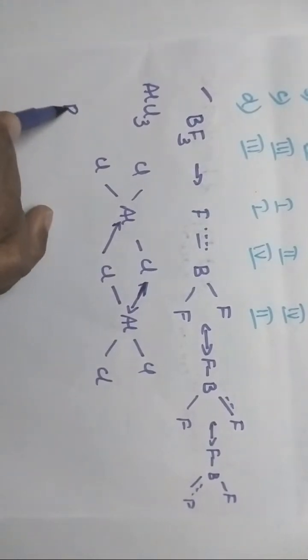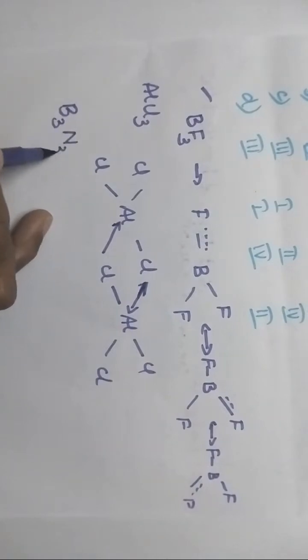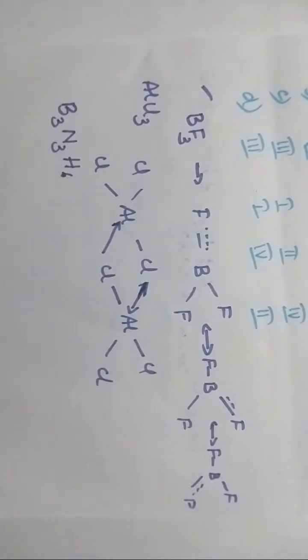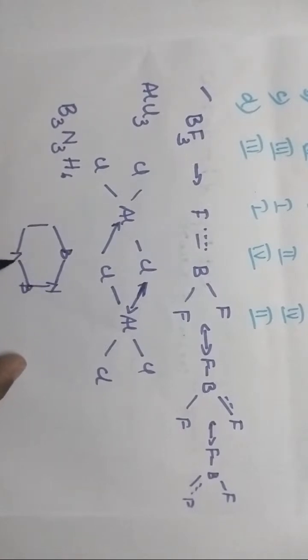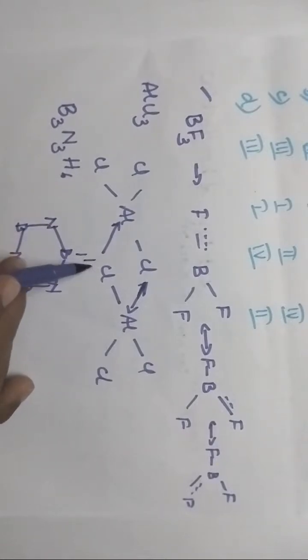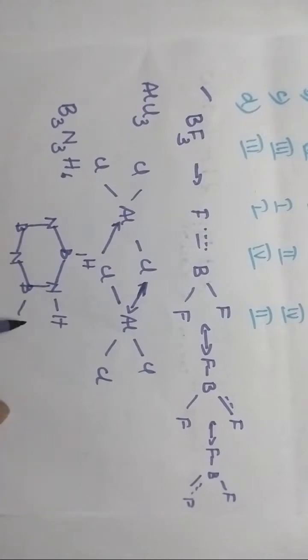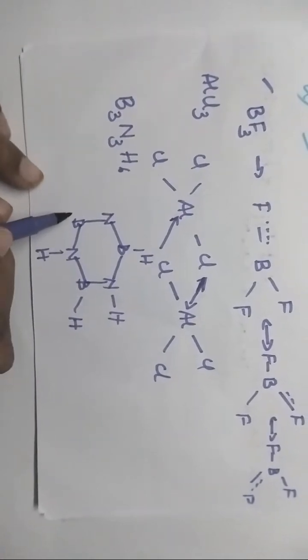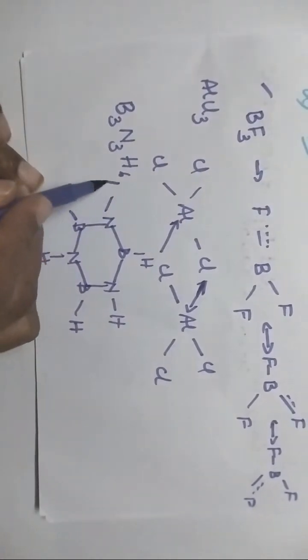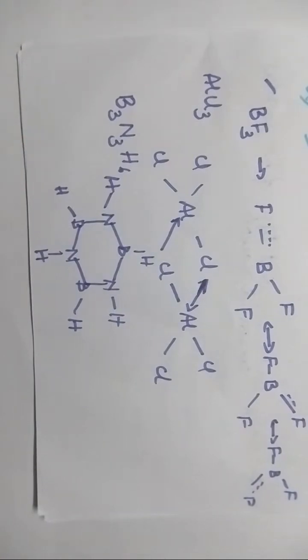And coming to the structure of B3N3H6, it is having structure very similar to that of benzene, and hence it is called as inorganic benzene. Clear?